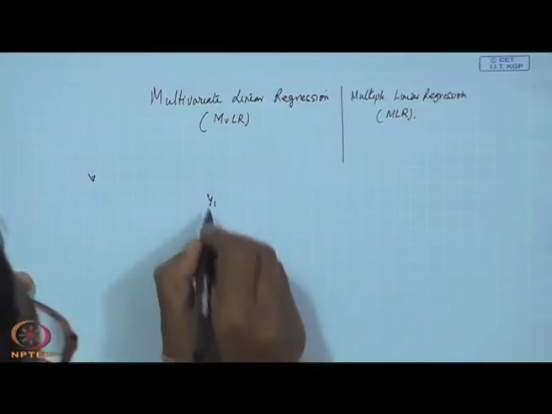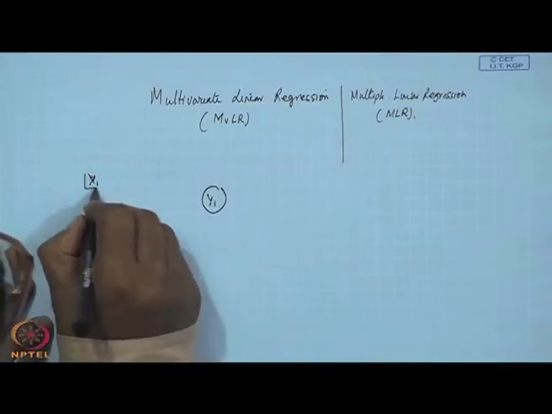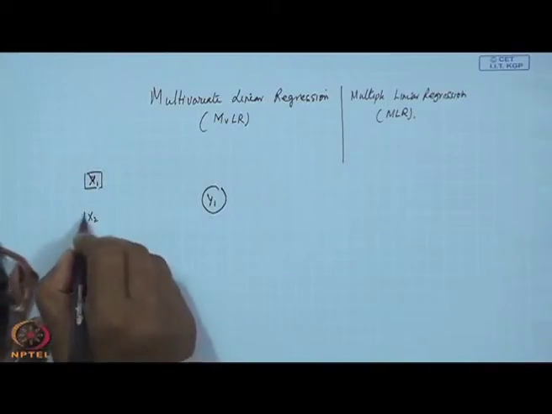So, for example, let us consider only one variable y1, and then let us think that there is a set of p independent variables.